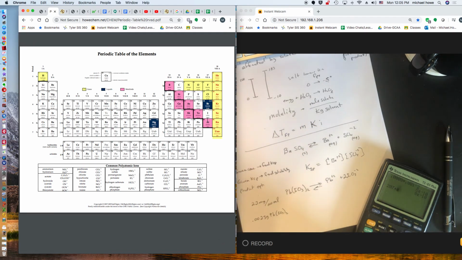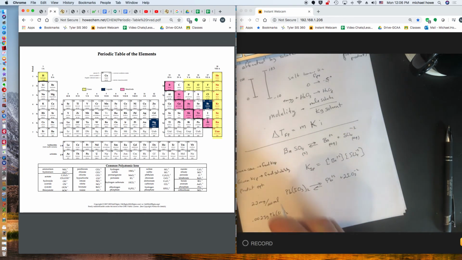We got lead is 207, iodine is 127, so 127 times 2. And then I'd have oxygen, and there's 16, and it'd be 16 times 6 because there are 2 groups of 3 there. So that equals 557. So 0.0023 divided by 557 equals 4.13 times 10 to the negative 6.